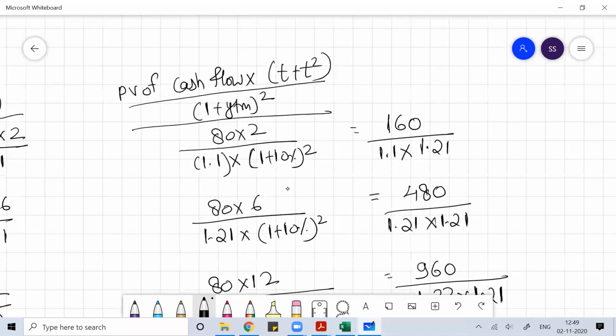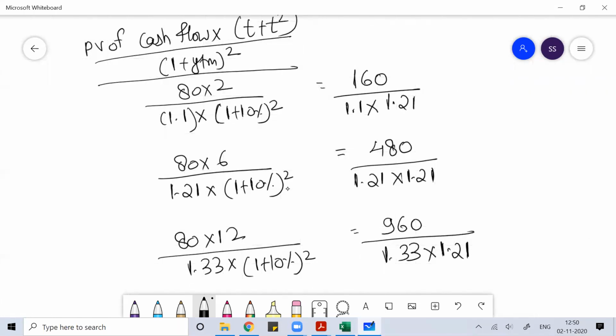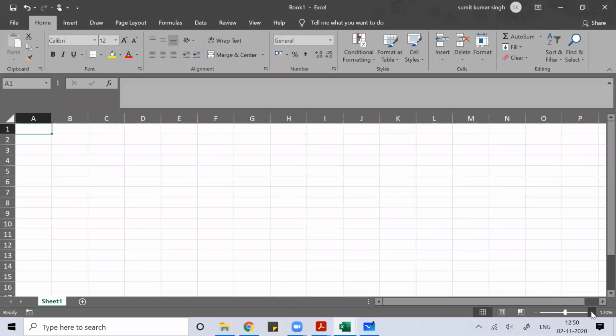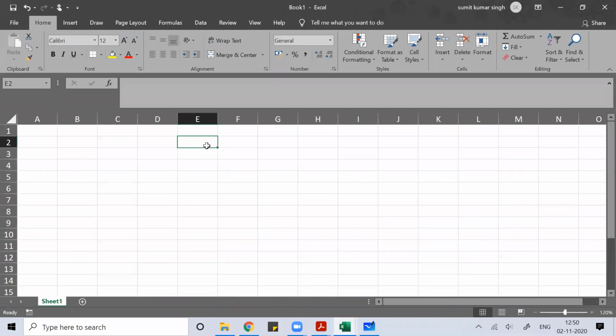Okay, now find this value, everyone. Years 1, 2, 3, 4. Your cash flows are 80, 80, 80, 1080. Your discounting rate is 10%.